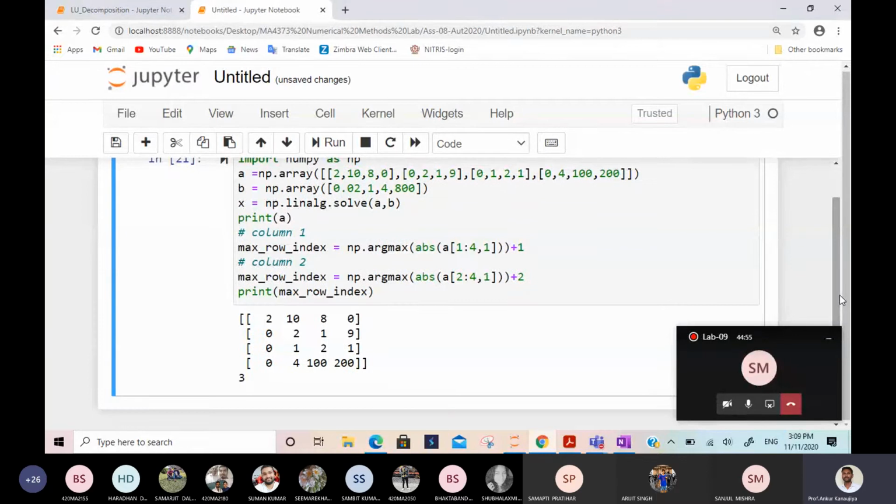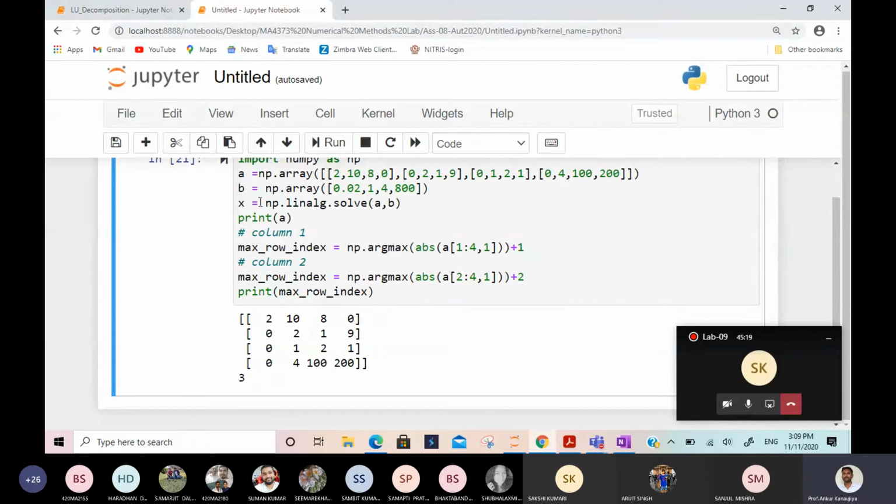So finding the maximum index is very easy. Now I will show you how to do it. Your voice is breaking. So column number 2. Yes, this is column number 2.